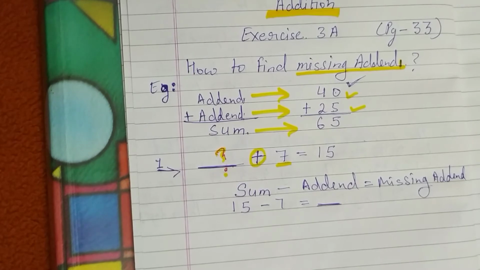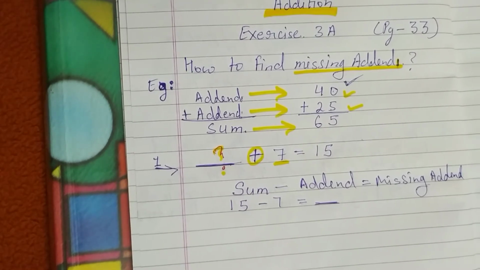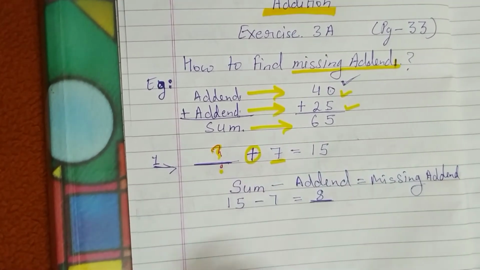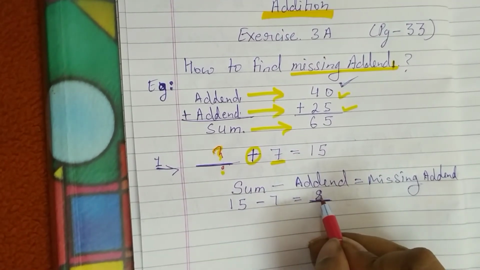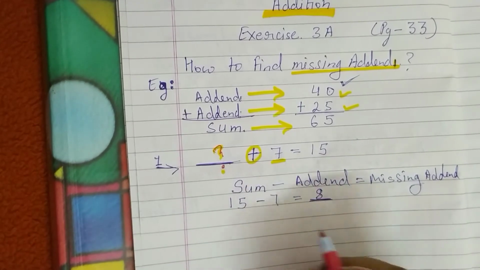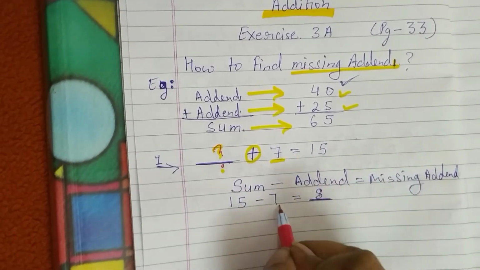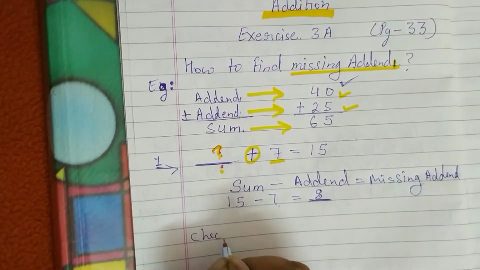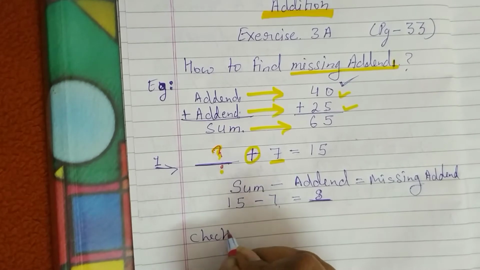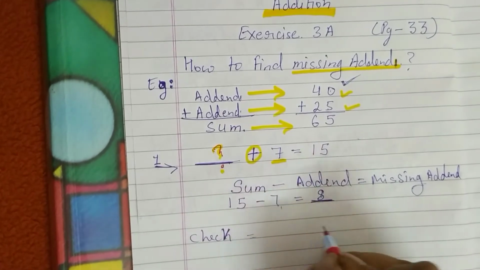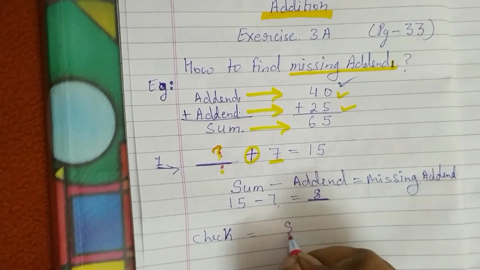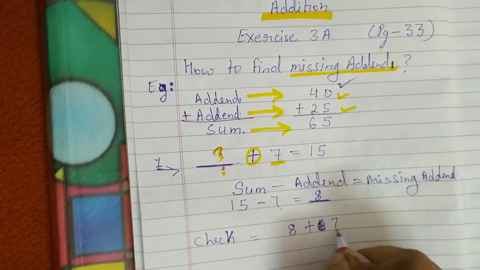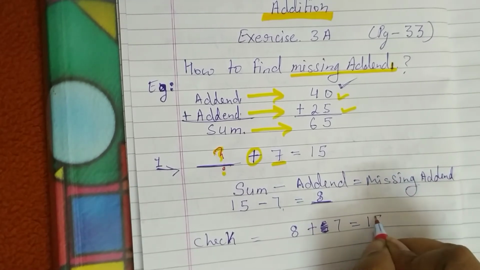Now subtract 15 minus 7. Come on, fast. 15 minus 7 is 8. So when we add this 8 and 7, we will get 15. Now let's check. So what will I write here? 8 plus 7 is equal to 15.